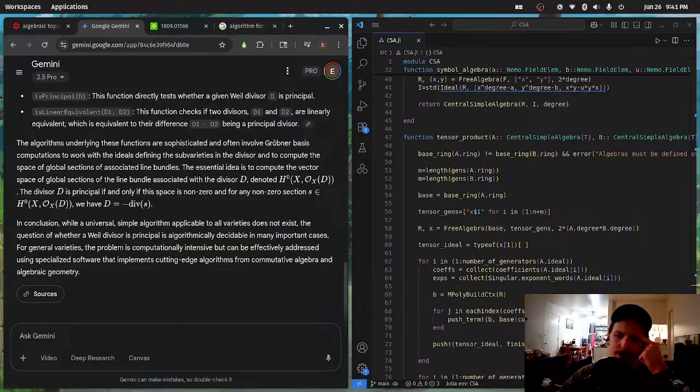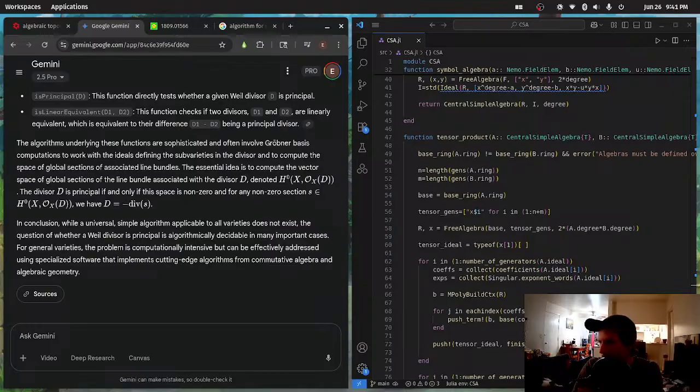So what you do is, let's say we're working on a projective variety. Okay, so it's not entirely easy to figure out the space of global sections always.